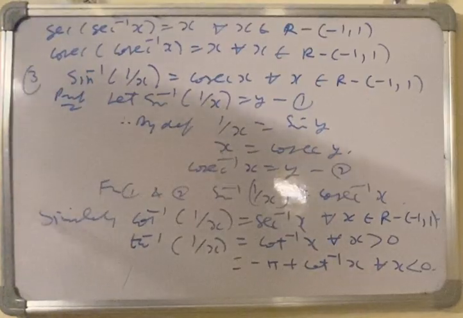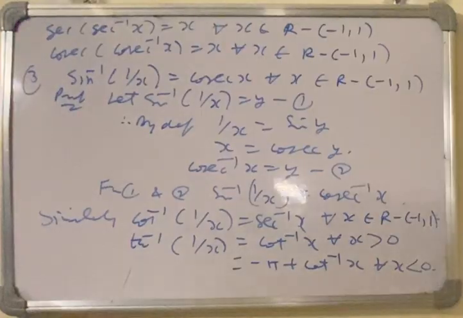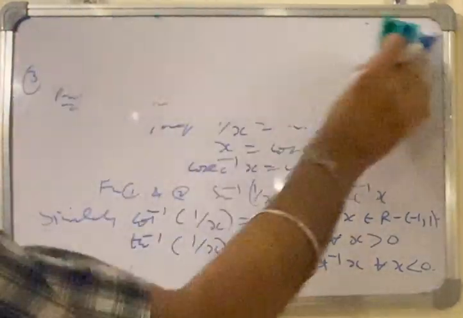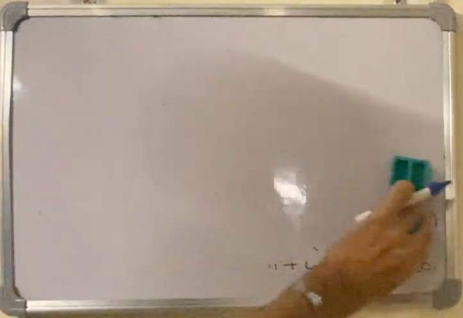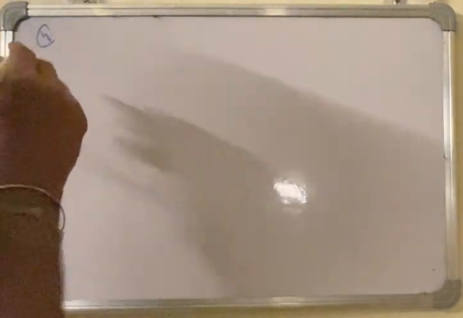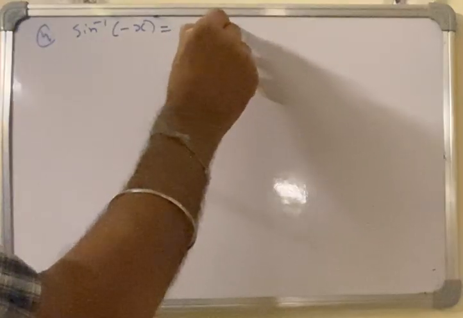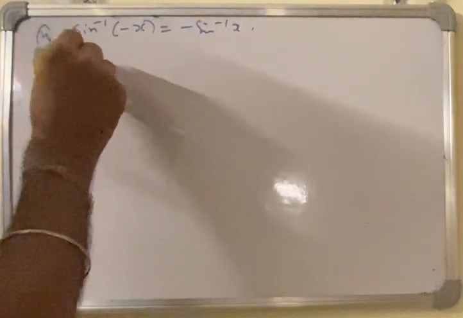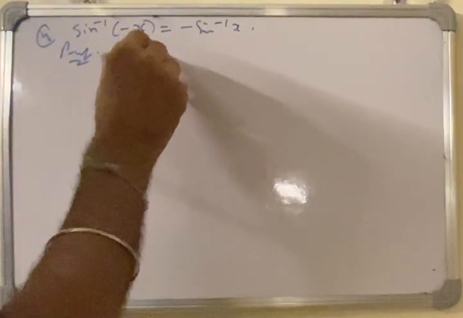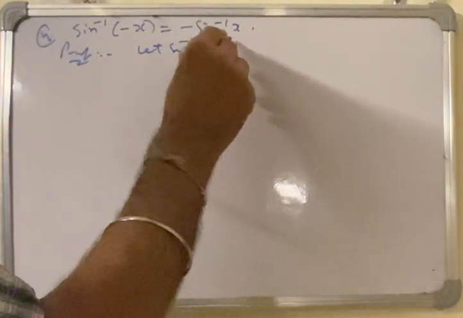Then next, fourth property, sine inverse minus x is equal to minus sine inverse x. Proof: let sine inverse minus x is equal to y.